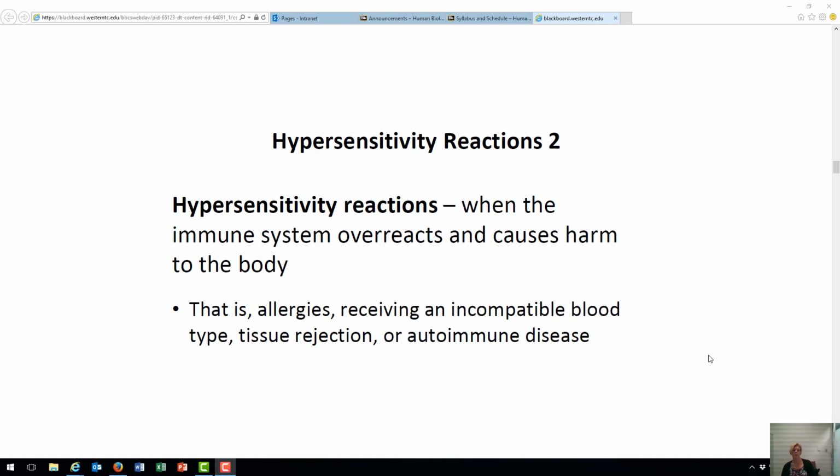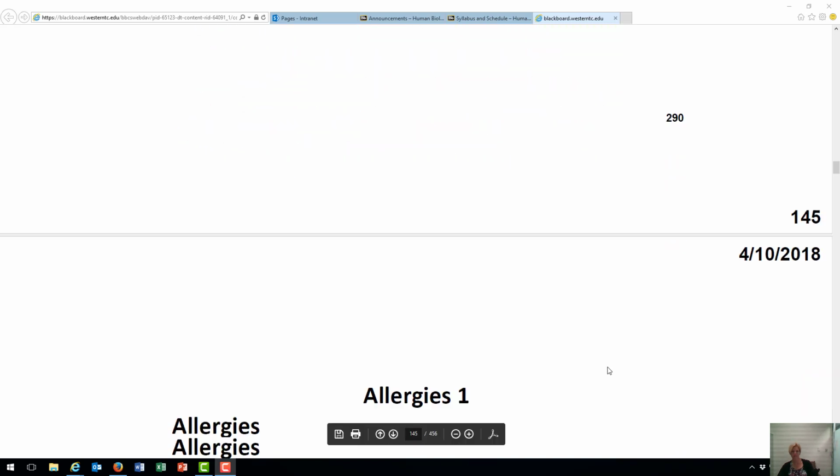So we see that when we give somebody the wrong blood type, when we have a person receiving an organ transplant or a tissue and their body rejects that, or in some of the autoimmune diseases, for example, type 1 diabetes, multiple sclerosis, and lupus are examples of some diseases where the body attacks itself rather than seeing the body as safe and the immune system only attacking foreign antigens. The immune system is turned on and attacks self-proteins. So we'll talk about some of these.